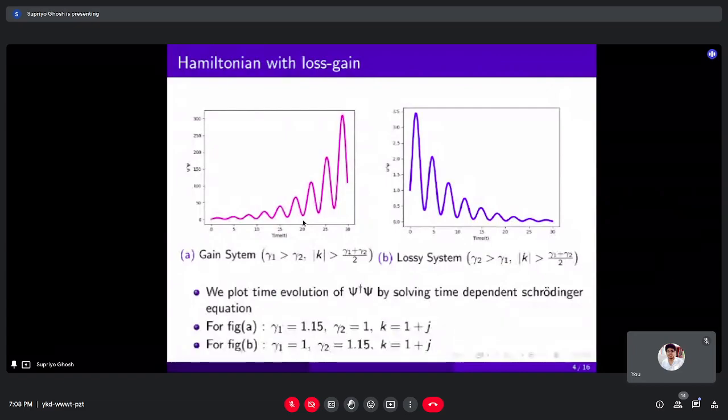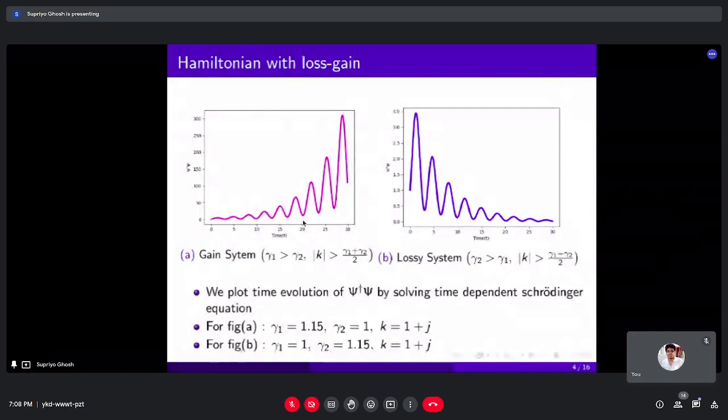the Hamiltonian H, for gamma 1 greater than gamma 2, and in both the cases we have considered that the modulus of k is greater than the average value of gamma 1 and gamma 2. When gamma 1 is greater than gamma 2, we see that the norm of psi increases with time, so gamma 1 is the gain parameter, and the system acts as a gain system.